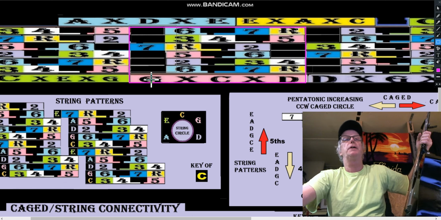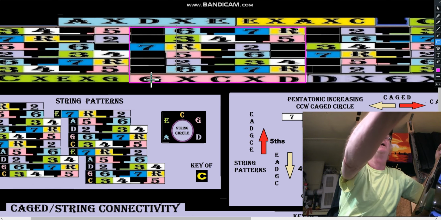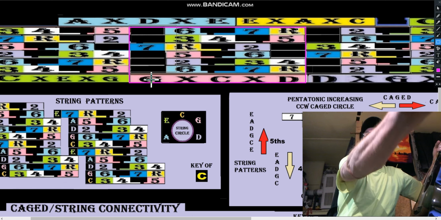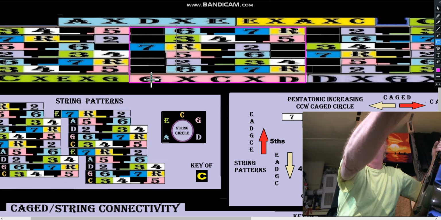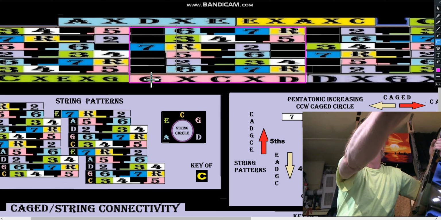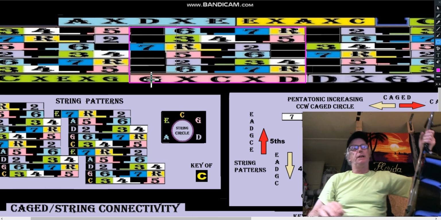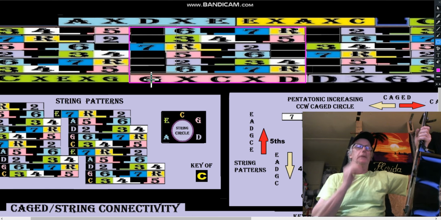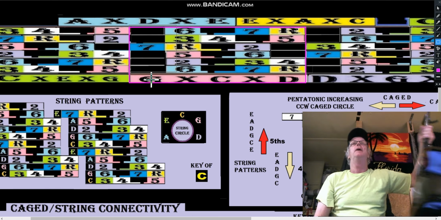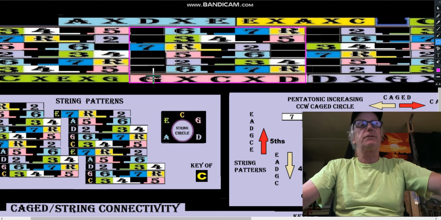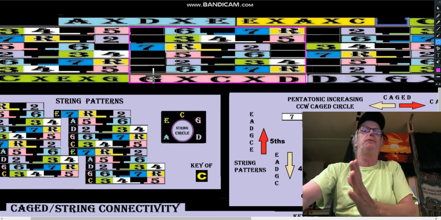Now we're not talking about G. We're talking about C. G-shaped root, C-shaped fourth, and a D-shaped fifth. Now, these inversions that I just played on the piano aren't strictly matching where they are, because if you look at the G shape, and this gets interesting, but I'm going to follow it for you.